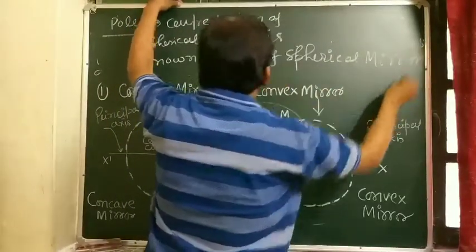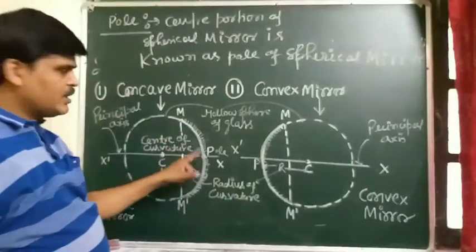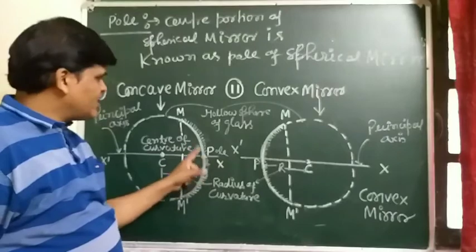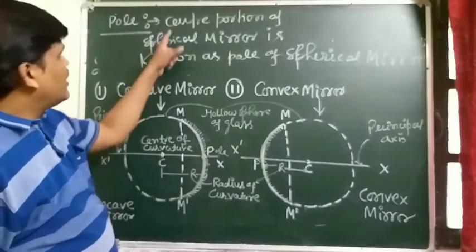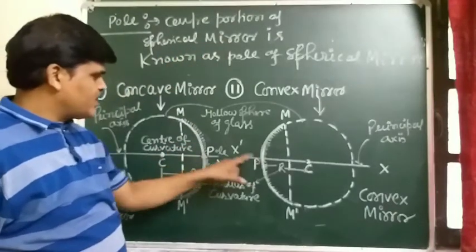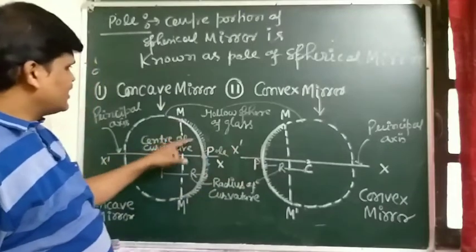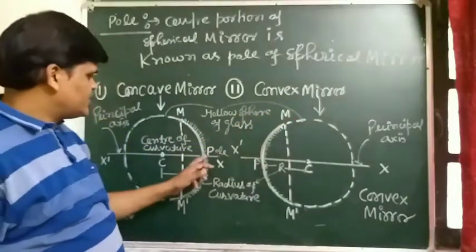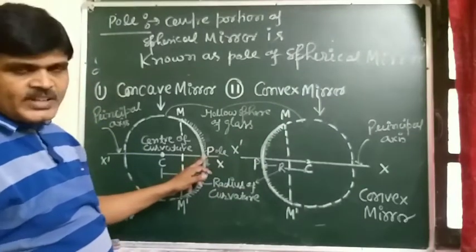So simple. The center point or midpoint of a spherical mirror, in case of concave mirror as well as in case of convex mirror, is known as pole of a spherical mirror.